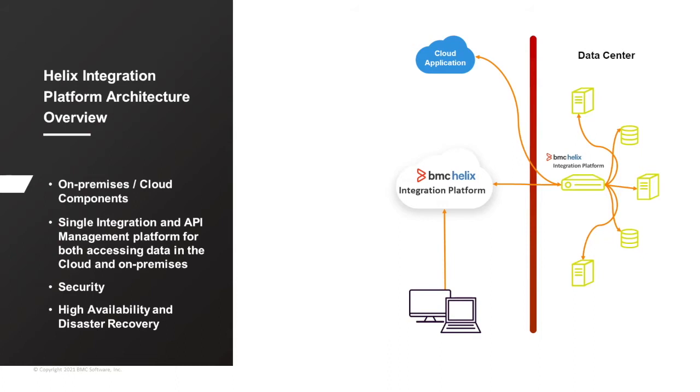First off, the integration platform lets you integrate applications on-prem and applications in the cloud, or on-prem to on-prem, or cloud to cloud. All of those use cases are supported. My intent here is to show what the data flow is. Look at the right side of the screen: the red vertical bar is your firewall, let's say your own network.